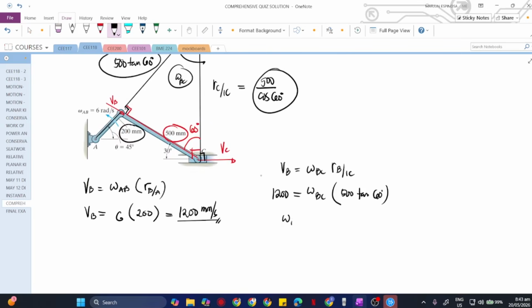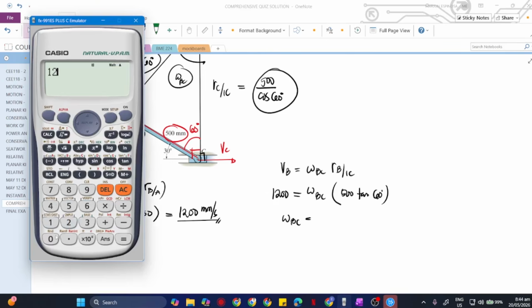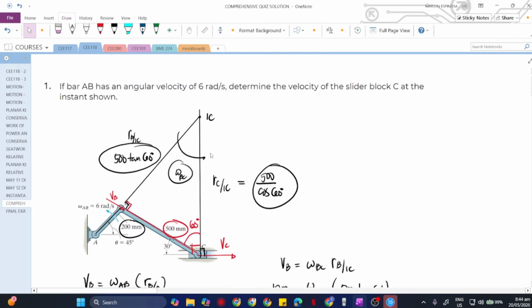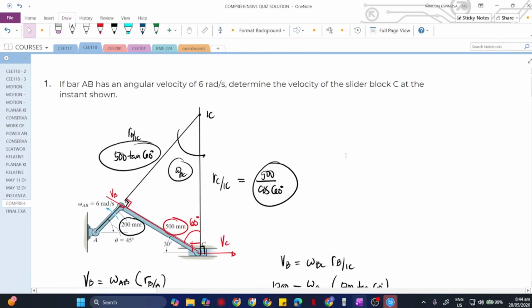Therefore, angular velocity BC will be equivalent to 1,200 all over 500 tangent of 60, which is equivalent to 1.38, let's say 1.39 radians per second. That is the angular velocity we will use to solve for the value of VC.